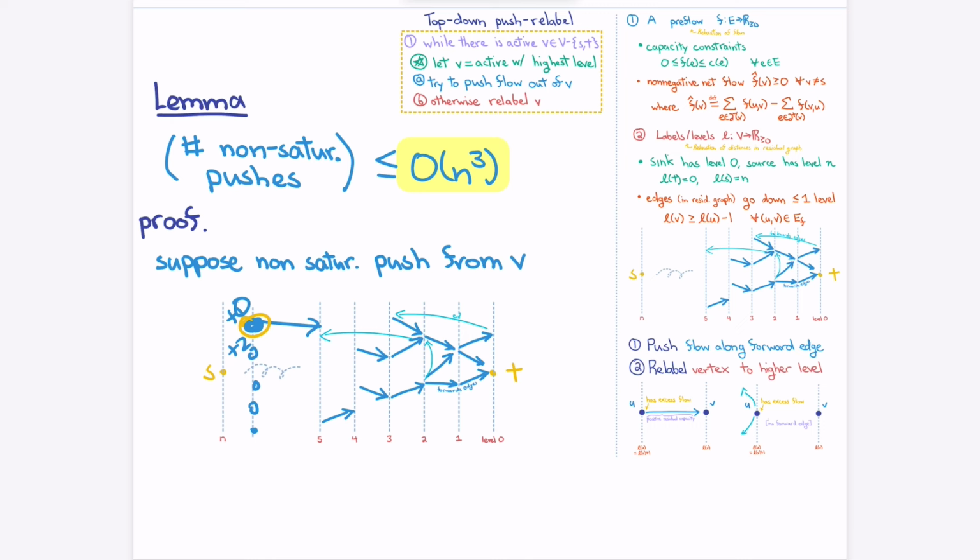One of the n-1 vertices, but the remaining vertices all have label less than or equal to this vertex. So in order for this vertex to become active again, some other vertex is going to have to get relabeled and carry flow above it. So for this vertex to ever become active again, some other vertex has to have its label increased.